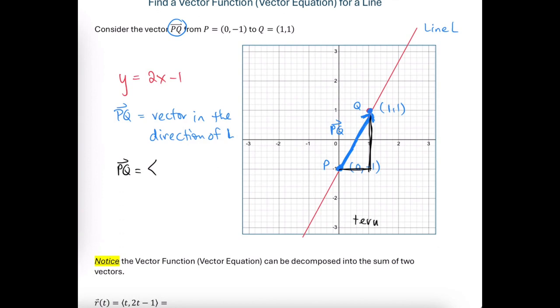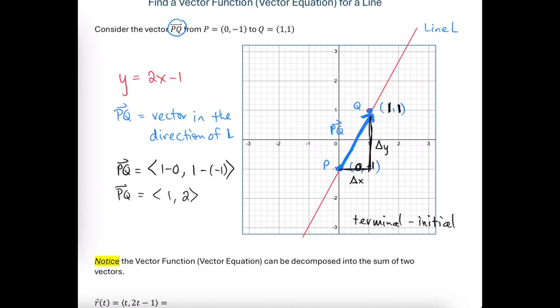We look at the terminal value of x minus the initial value of x, so we would be saying 1 minus 0 here to get the change in the direction of x. And then terminal minus initial, we would say 1 minus -1 to get the change in the direction of y. So PQ in this case is going to be <1, 2>. It's the vector where the change in x was 1 and the change in y is 2, right?